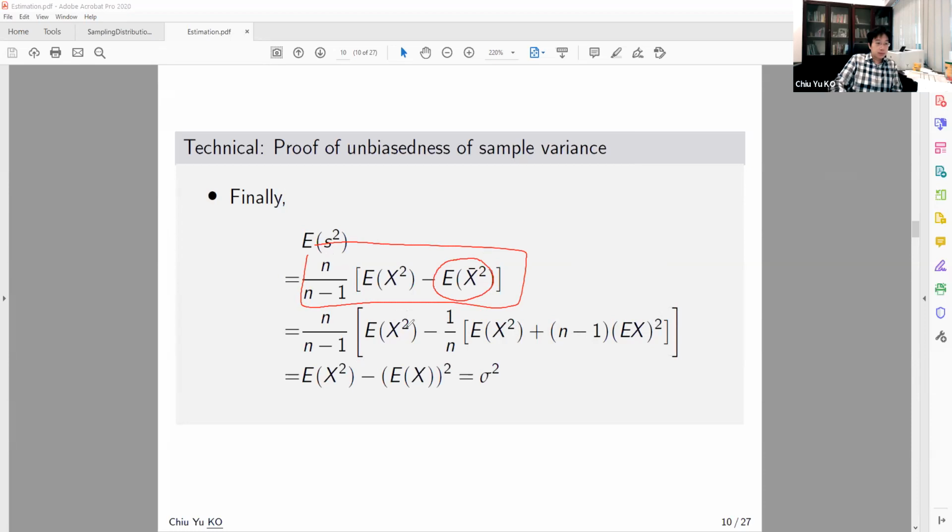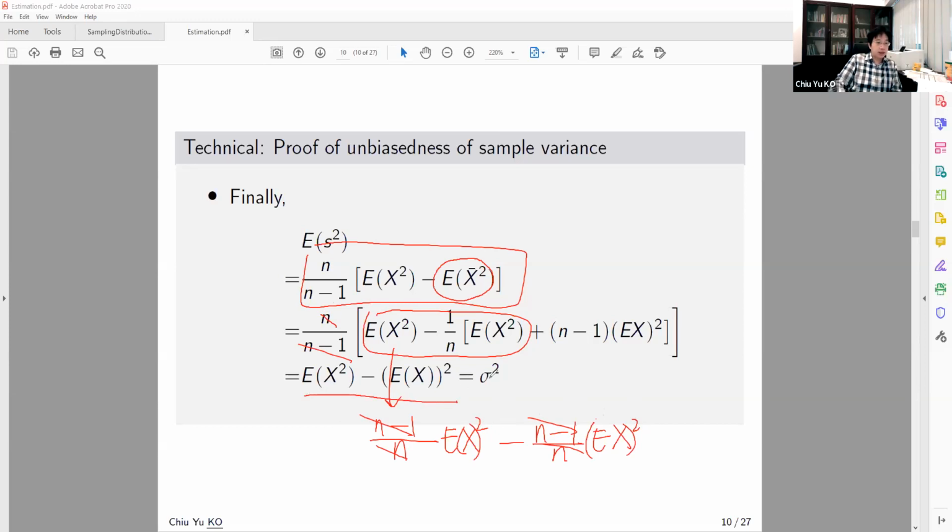And this is n times n minus 1 over n expected x squared, and this is n minus 1 over n squared, and this n and n minus 1 cancel out. So that's why you are left with this guy.